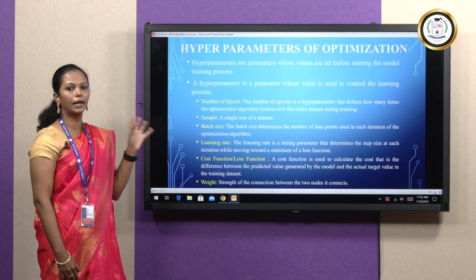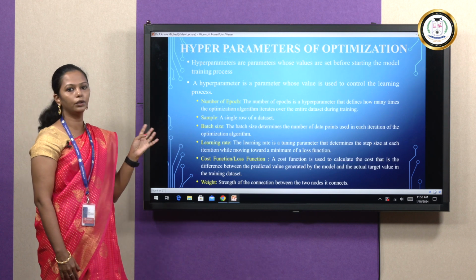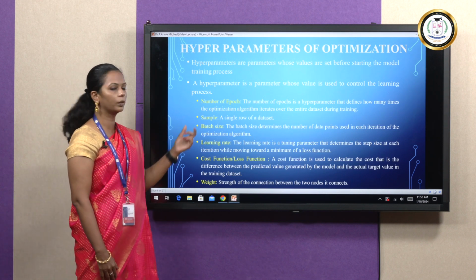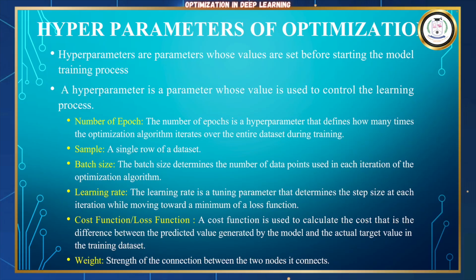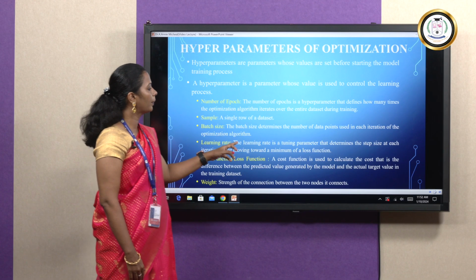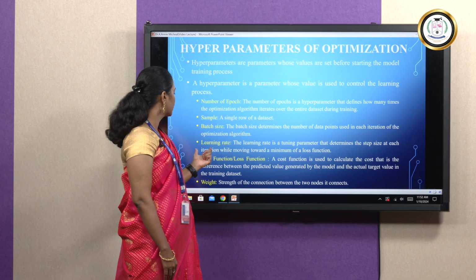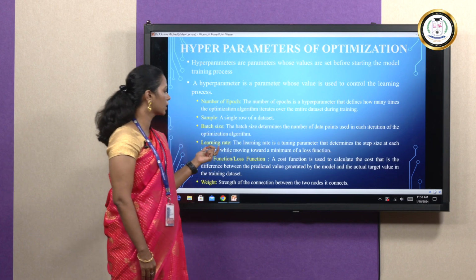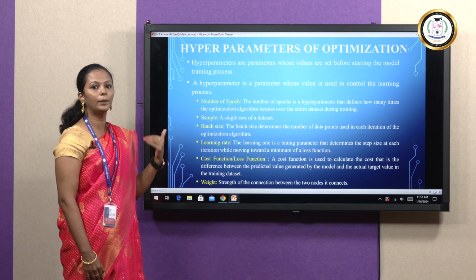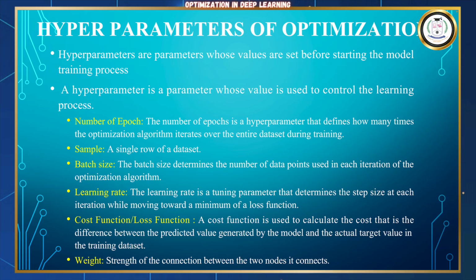Suppose you have 100 images and you are going to divide them into 4 batches, then your batch size will be 25. Next is your learning rate. It is a tuning parameter. It will determine the step size at each iteration while moving towards a minimum of a loss function. Next is cost function or loss function.